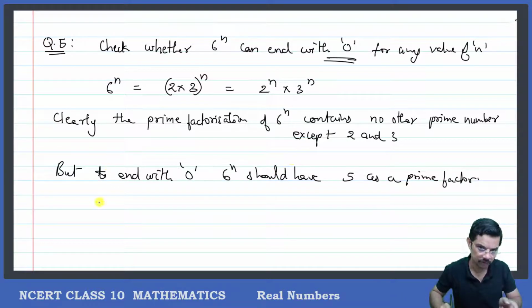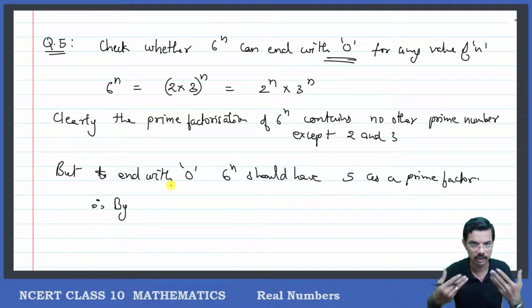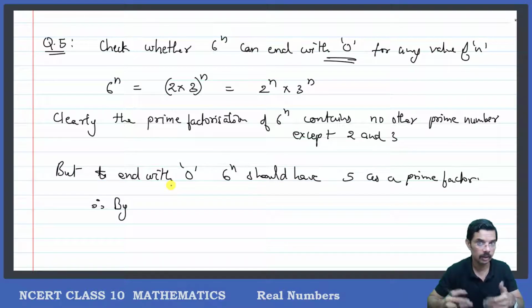So therefore, by the fundamental theorem of arithmetic, prime factorization is unique. See, if I find out the factors and you find out the factors, both of our prime factors will be the same, only the order may change. If I get 2 and 3, you will also get 2 and 3. You will not get 5.